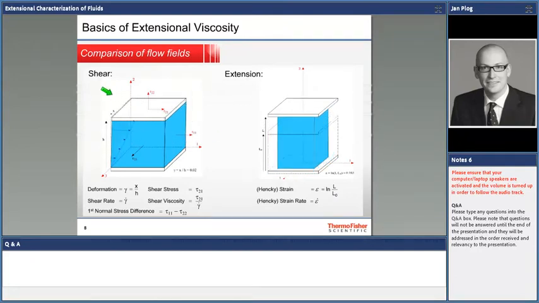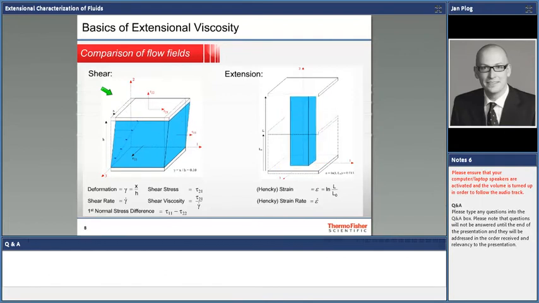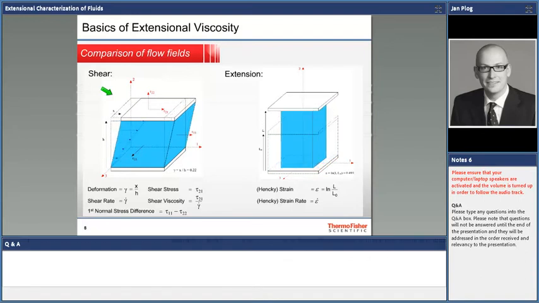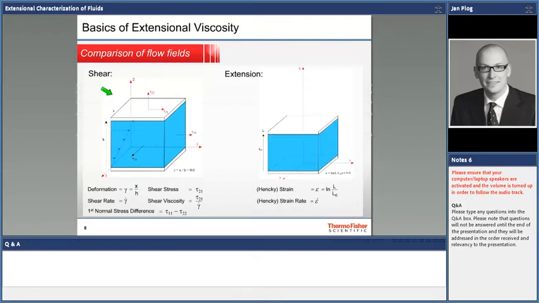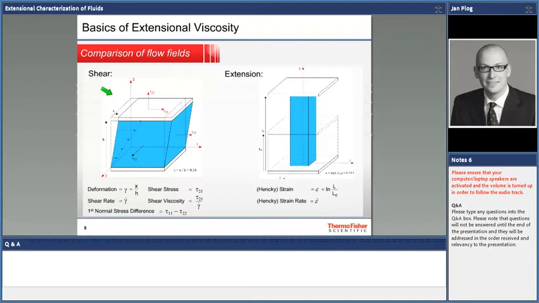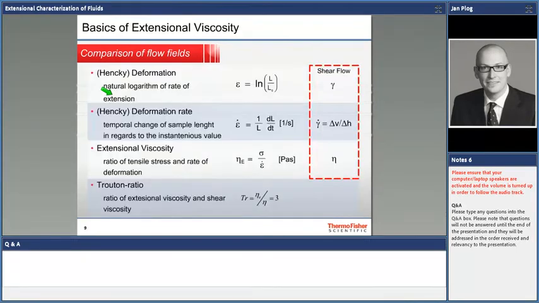Here on that slide, just once more, you see the flow fields in steady shear versus extension. And of course, as the mode of deformation is something completely different, one from another, we have to use a different group of material functions to actually quantify the effects of your fluid towards a certain flow field.